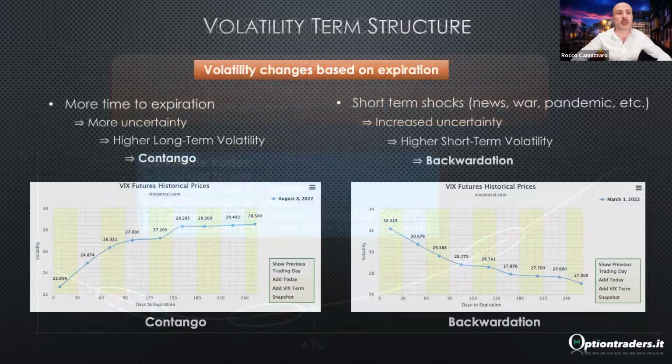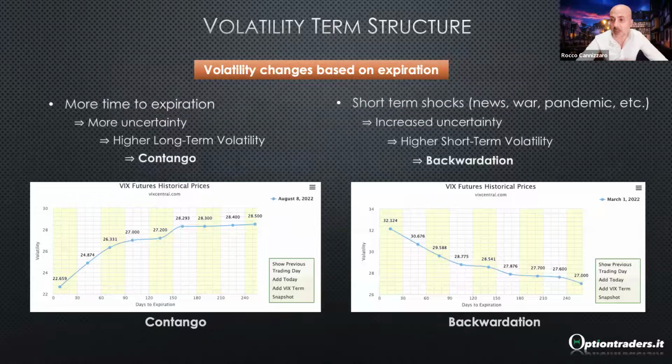But I also want to talk a little bit about the volatility term structure, because volatility does not only change across strikes, as we've just seen, but it also changes across time. And why is that the case? Well, if you think about it for a second, the more time you add to your option, the more things can happen.